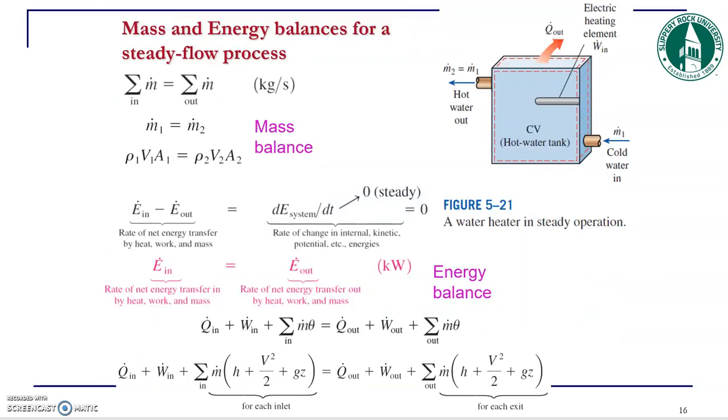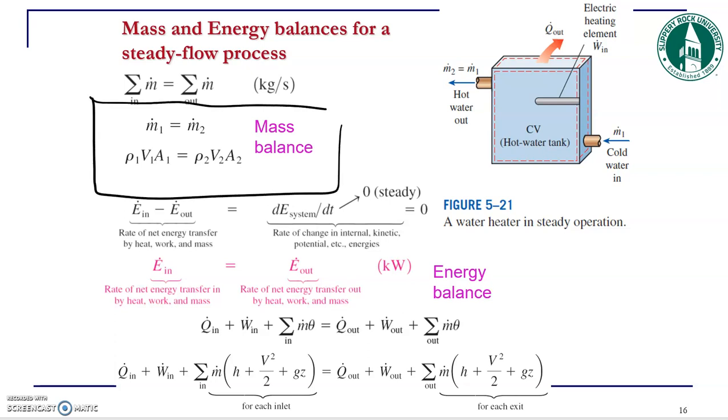All right, so now we can write basically two sets of equations, right? One set is basically the mass balance. So this is for the steady flow process again. You can see this is the mass balance. Whatever comes in leaves the system. So mass in is equal to mass out. This is the definition of m dot again.